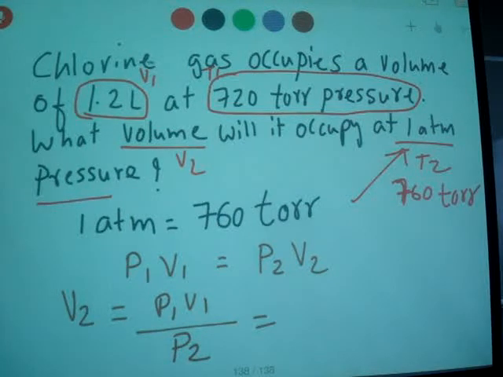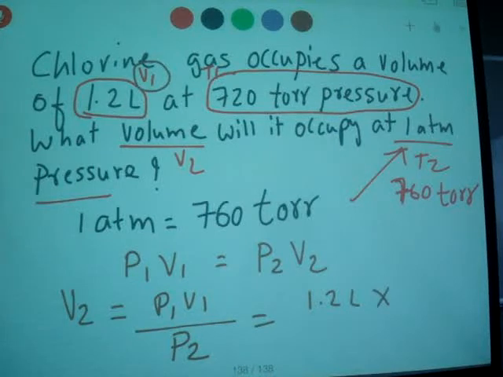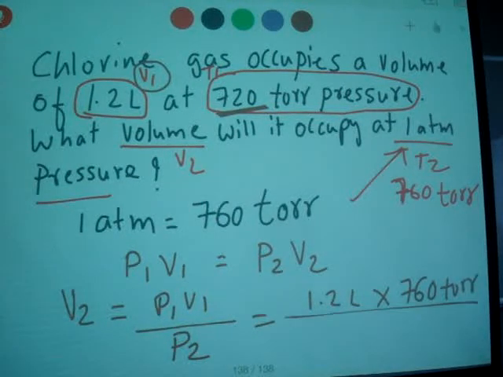V1 we have 1.2 liter, P1 we have 720 torr, divided by P2, which is 760 torr.